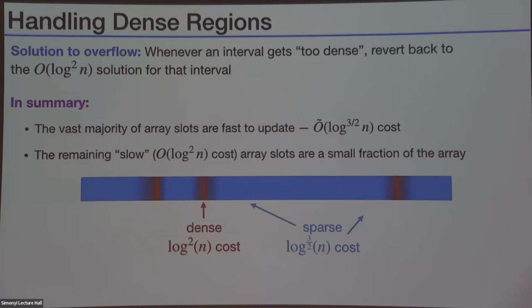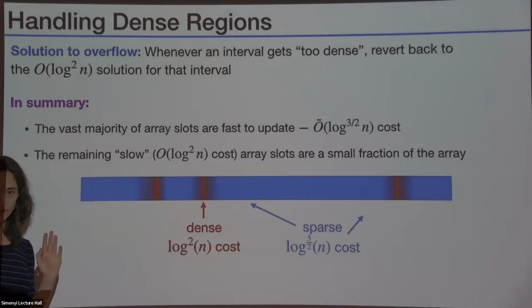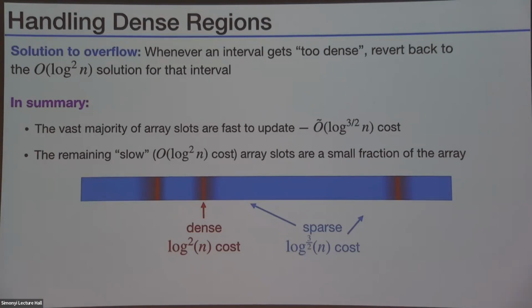Okay, so we're now in the situation where the vast majority of our array has a log to the 3/2 cost. That is, if the adversary chooses to insert here, it's going to be log to the 3/2. But there's a few dense spots where if the adversary chooses to insert here, it's going to be log squared n. For this reason, we're still vulnerable to the adversary.